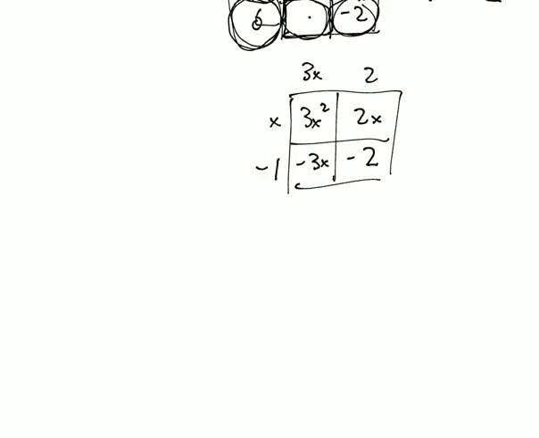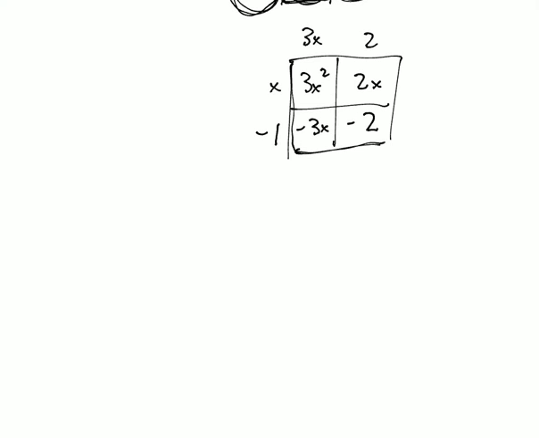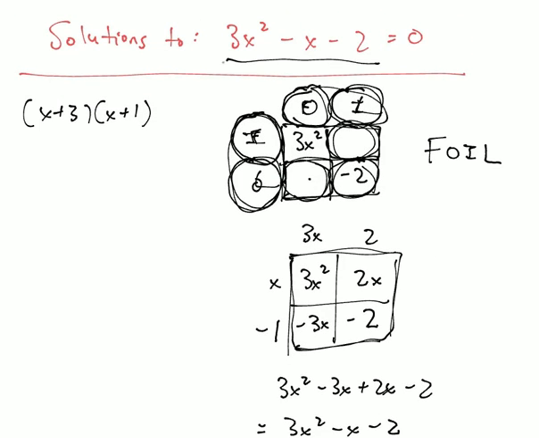So if we add all of these terms together inside the box, we get 3x squared minus 3x plus 2x minus 2. Combining like terms, that's equal to 3x squared minus x minus 2. And that is exactly the same as what we had to start with in the beginning.